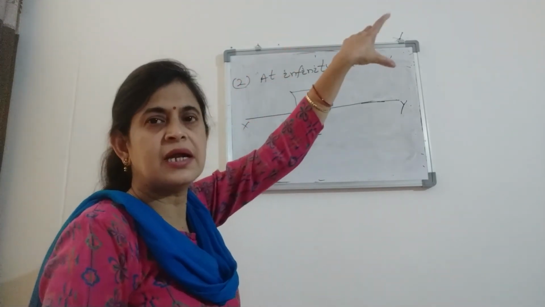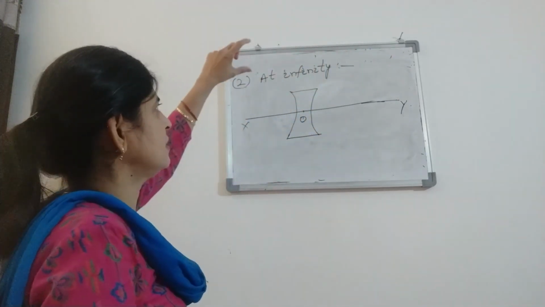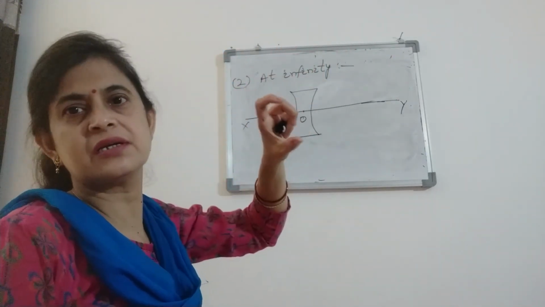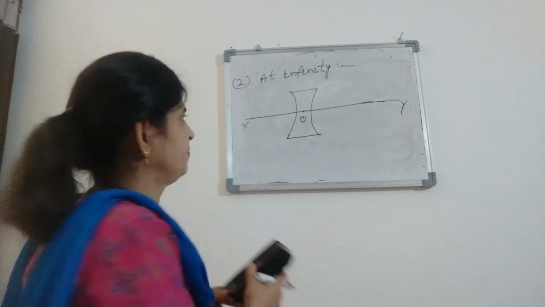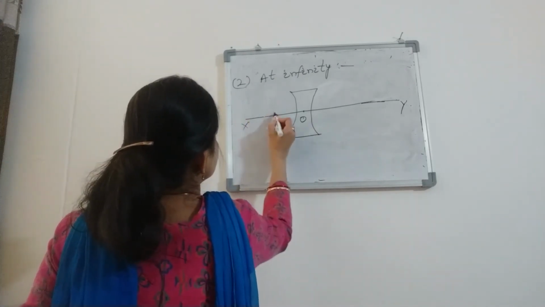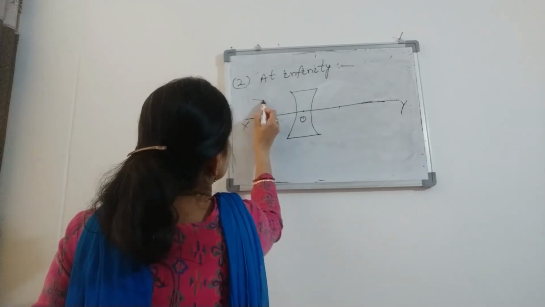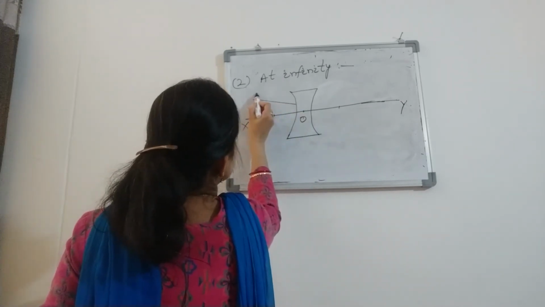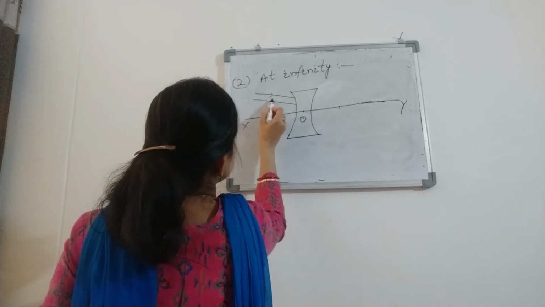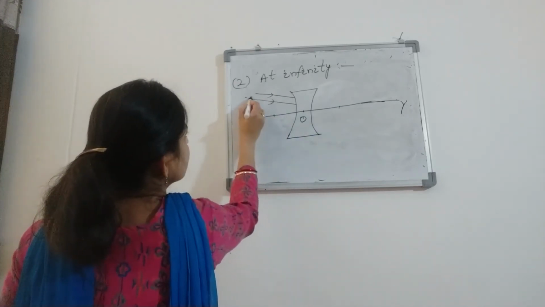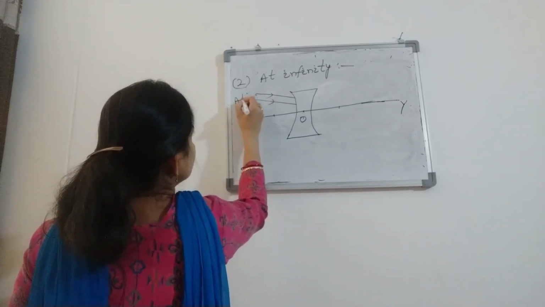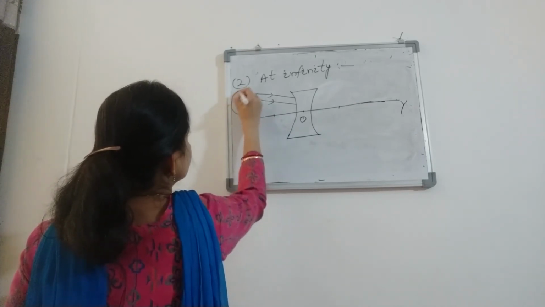Infinity means at that time you have to consider that the incident rays are coming parallel to each other. So these are two incident rays which are parallel to each other because the object is at infinity.